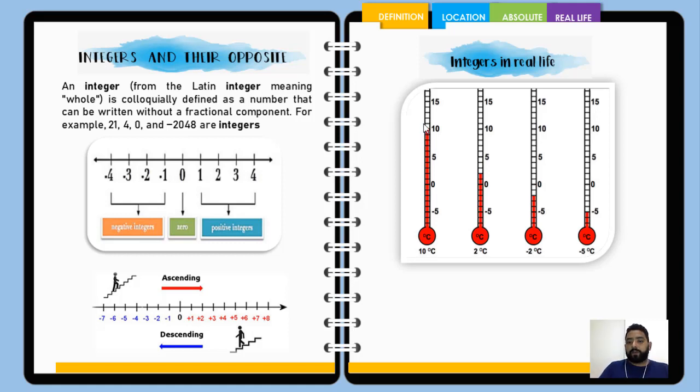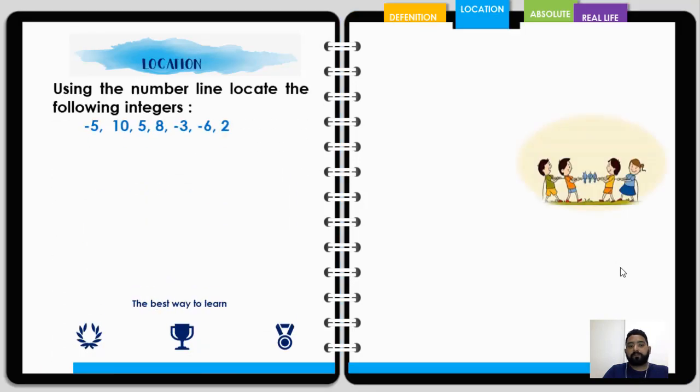So if you compare these thermometers, they are in descending order, from greatest to least. You can ask why -2 is greater than -5. Yes, because if you locate these two numbers on the number line, you will see that -2 is closer to 0 than -5, because -5 is far from 0.